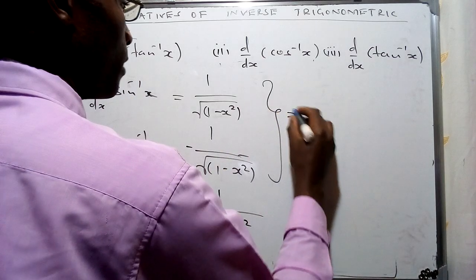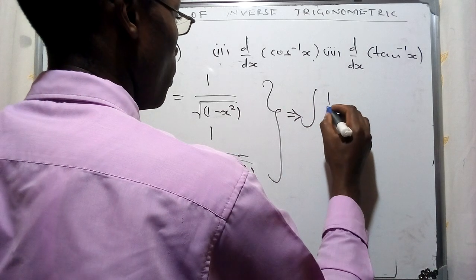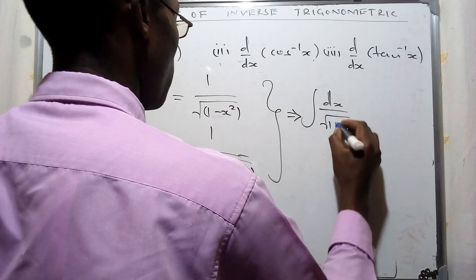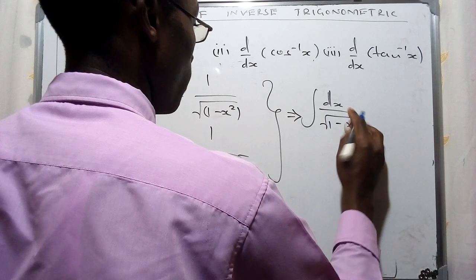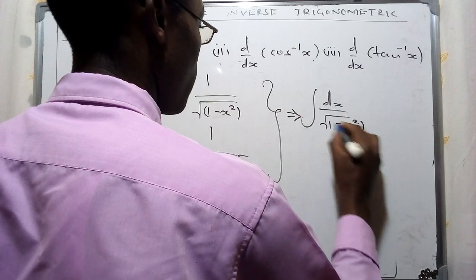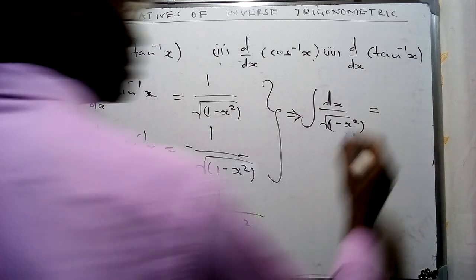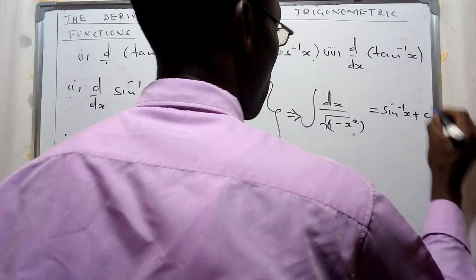So for the first case, this implies that we're going to have the integral of dx all over the square root of 1 minus x squared. This can be evaluated, and of course we're going to see that this gives us the sine inverse over x plus c.